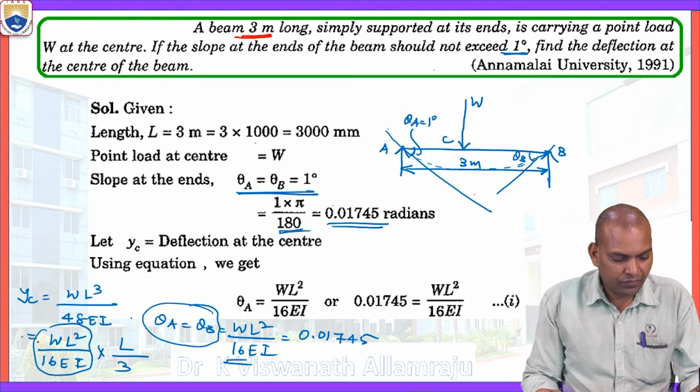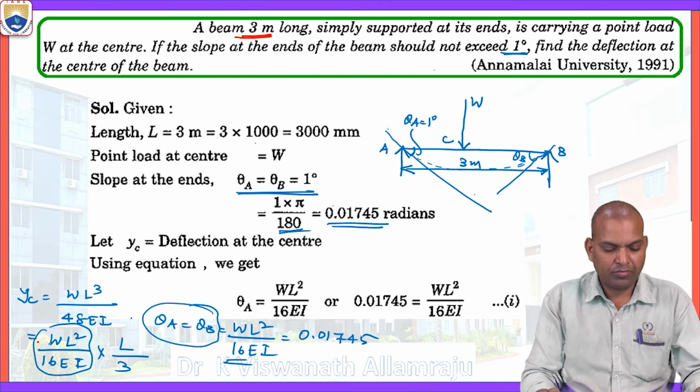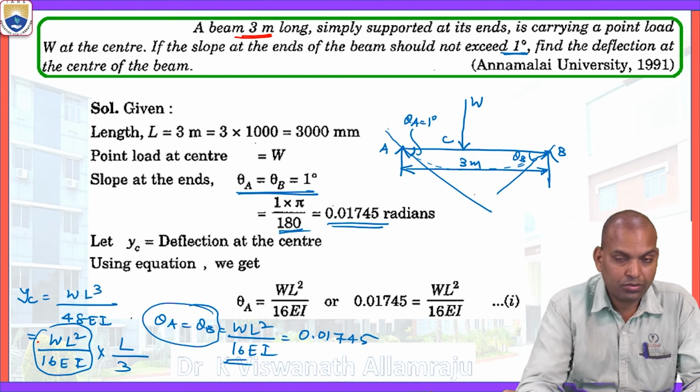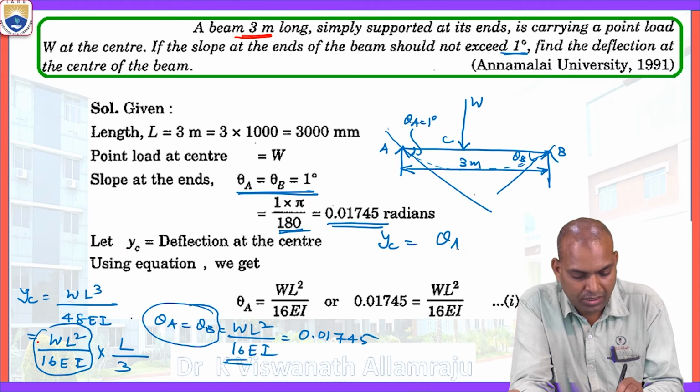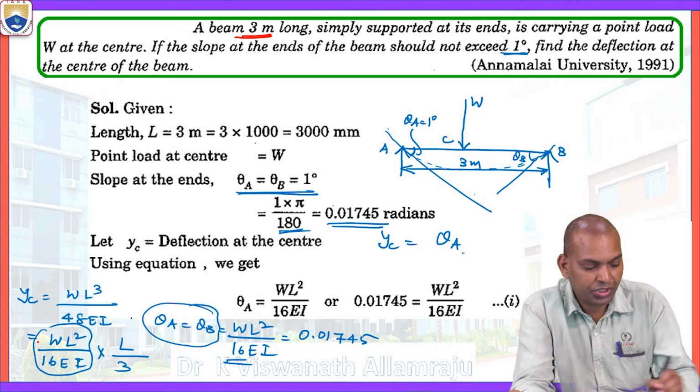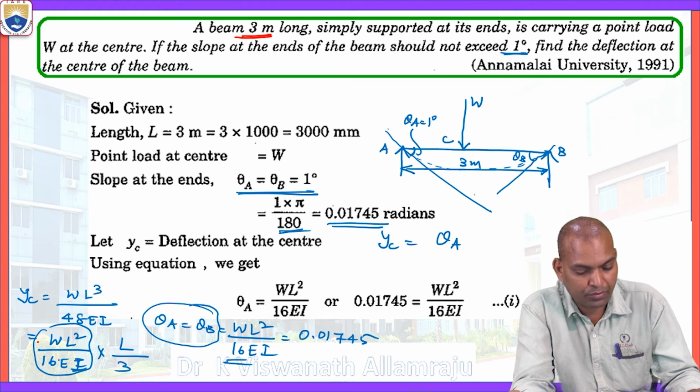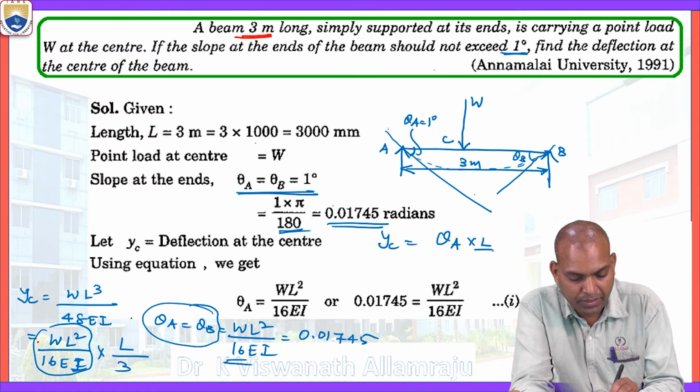WL square by 16 EI is the slope at the supports, theta A, times L by 3.